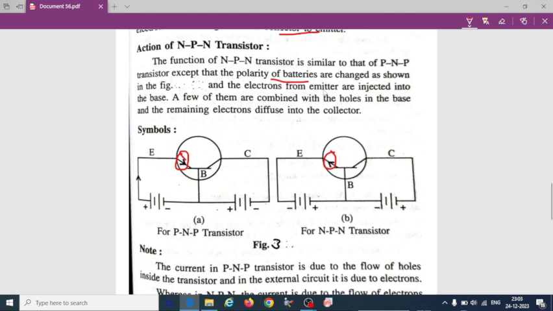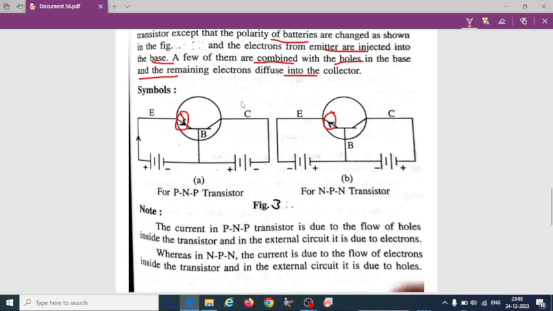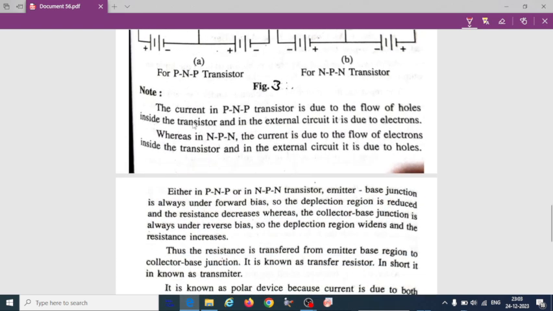The electrons from the emitter are injected into the base. A few of them combine with the holes in the base. The remaining electrons diffuse into the collector. So the current we have to note here: the current in a PNP transistor is due to the flow of holes, but in the case of NPN it is due to electrons.